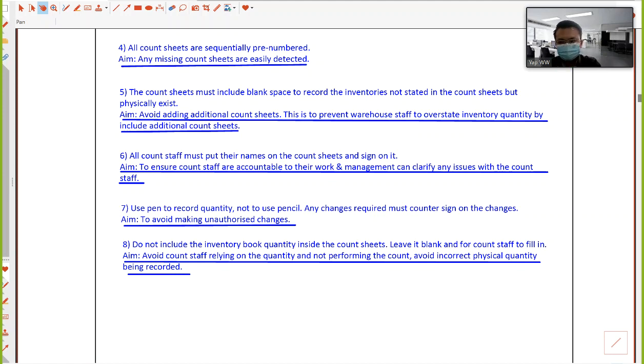Sometimes people are like that one. Okay, I give you the count sheet, inside stated item A got 5 units, item B got 8 units. Maybe at the beginning, you also tell yourself, I am very honest. I really go and perform the count, check whether the quantity is correct or not. Imagine you start the stock count during the weekend, morning 8 o'clock. You just had your breakfast, very motivated. Wow, I will verify everything.